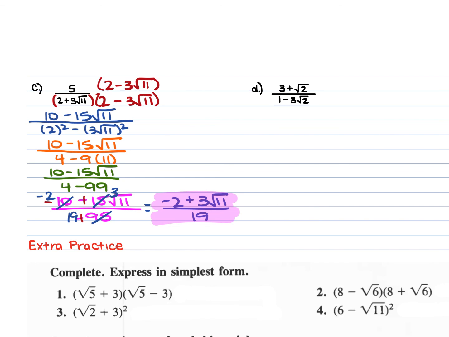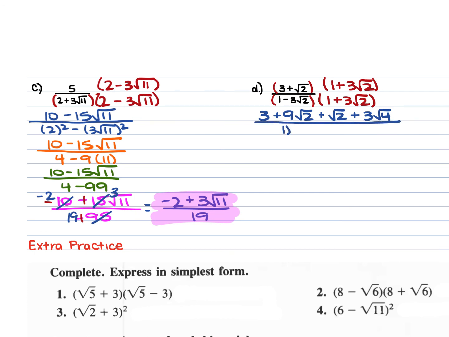For our last example, we have 3 plus the square root of 2 over 1 minus 3 square root 2. So we're going to multiply the top and the bottom of this fraction by 1 plus 3 square root 2. This is going to give us 3 plus 9 square root 2 plus the square root of 2 plus 3 square root 4 all over 1 squared minus 3 square root 2 squared.